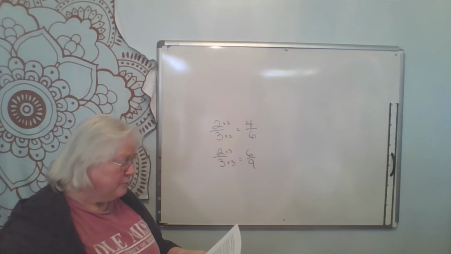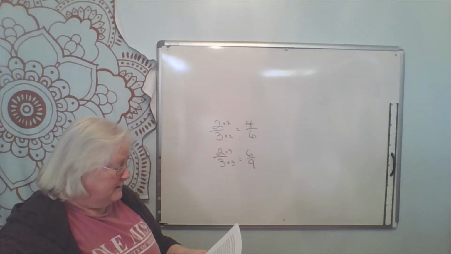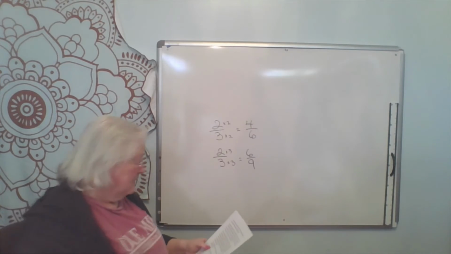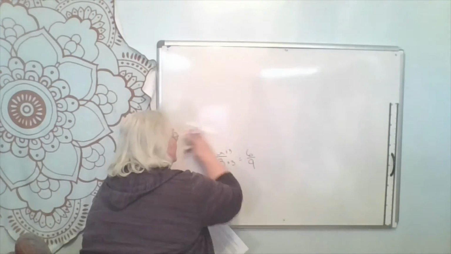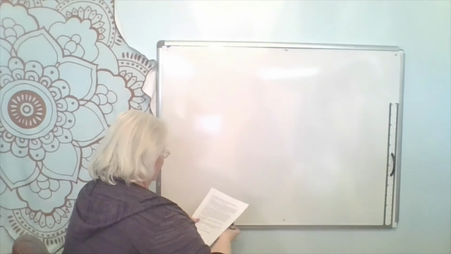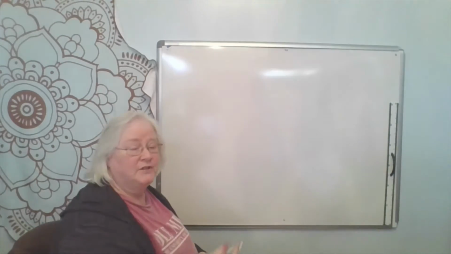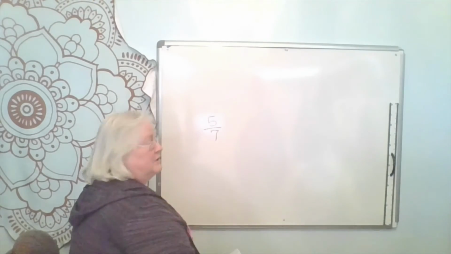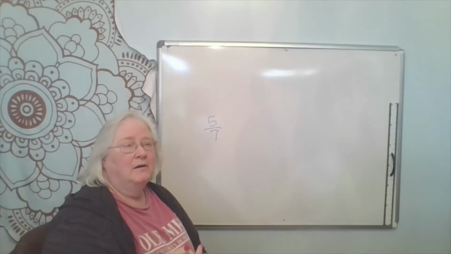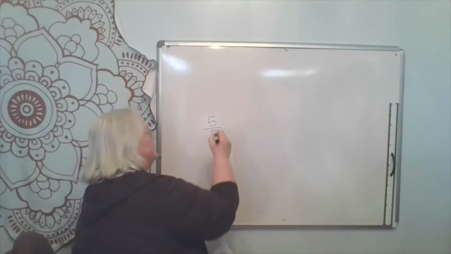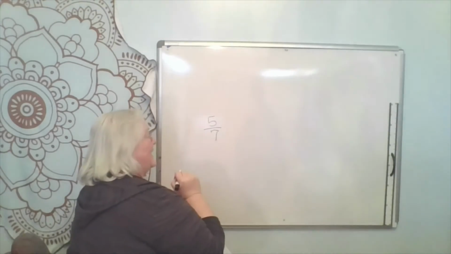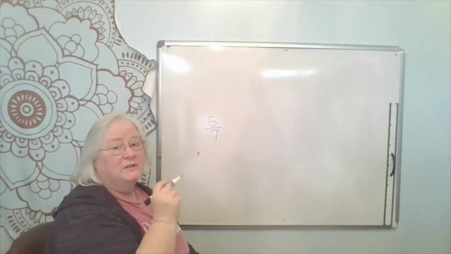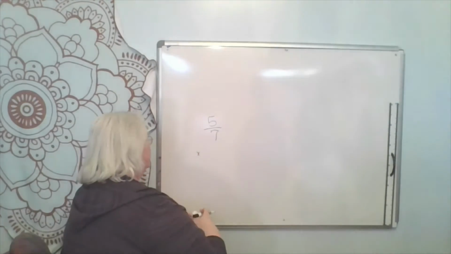So let's do a couple, and let's see if we can find equivalent fractions. So let's say we have the fraction 5/7. And just like before, now, I don't know if y'all know this, but if you just put a dot like that, that's just like putting a times symbol. So I'm going to put dots from now on. It's just easier.